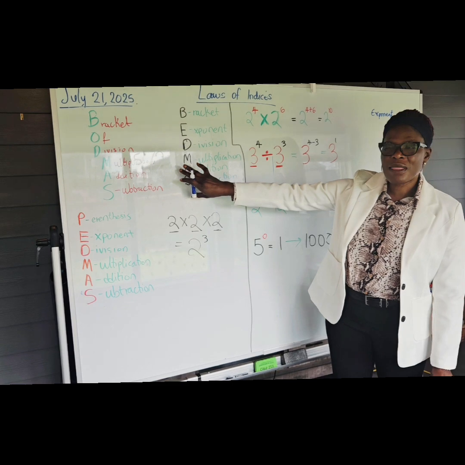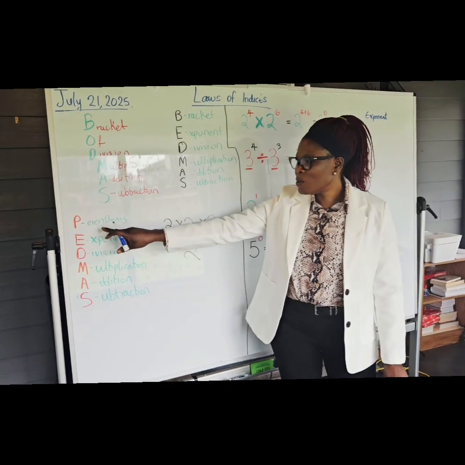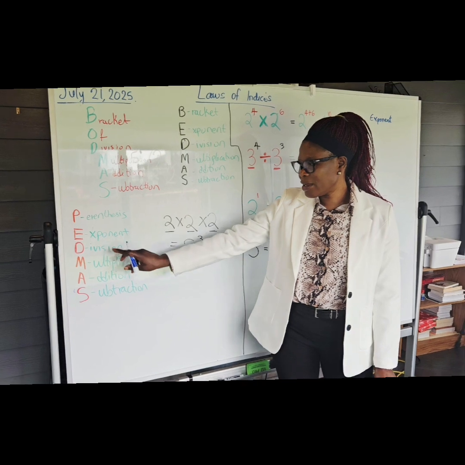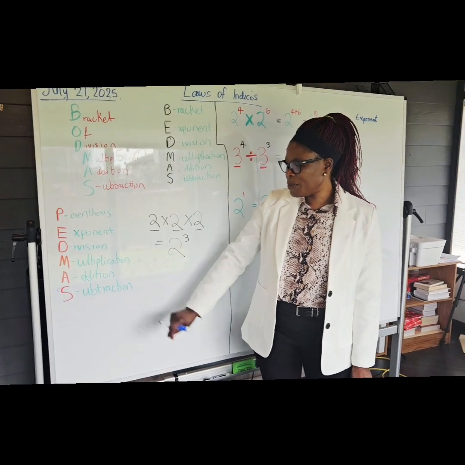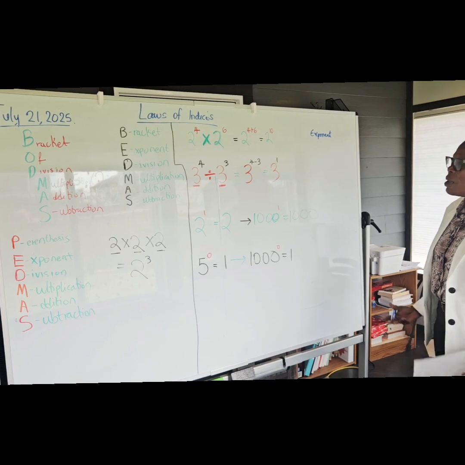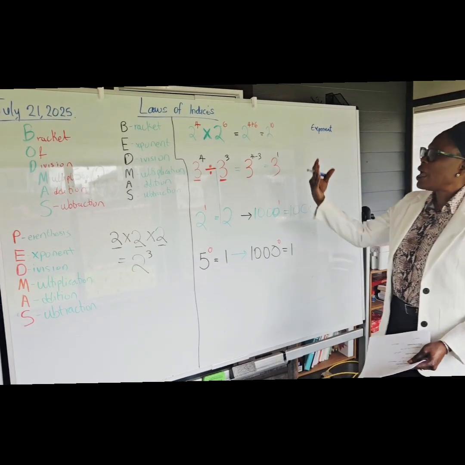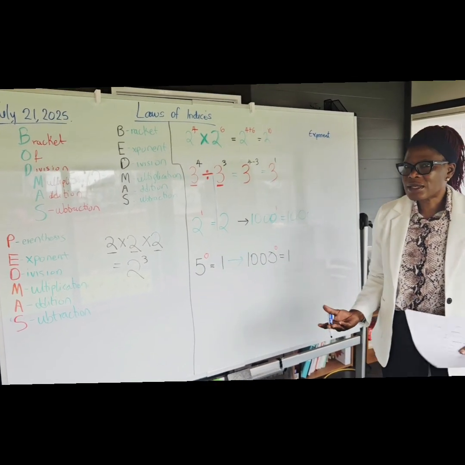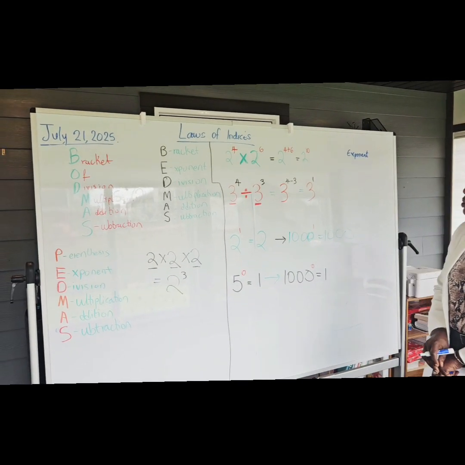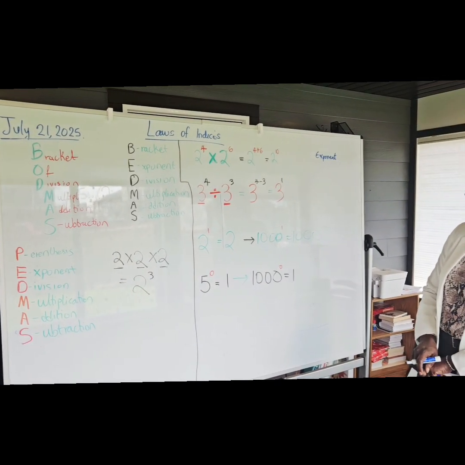This is commonly used in mathematics. In science, we use PEMDAS, where P means parentheses, then exponent, division, multiplication, addition, and subtraction. Whenever we use the word exponent, it's the same thing as index. So it depends on where you are and what you are used to.